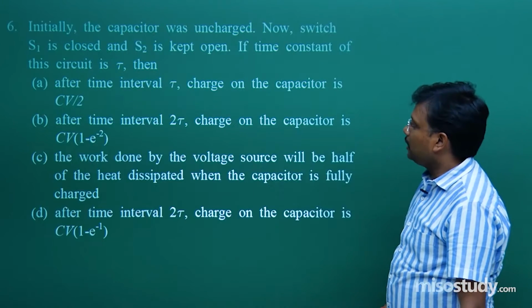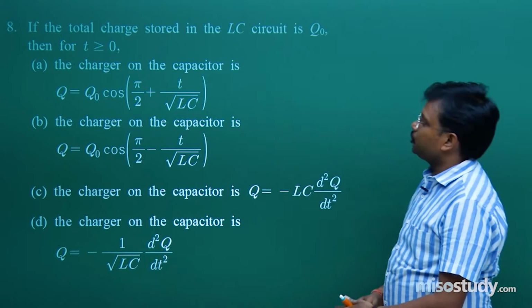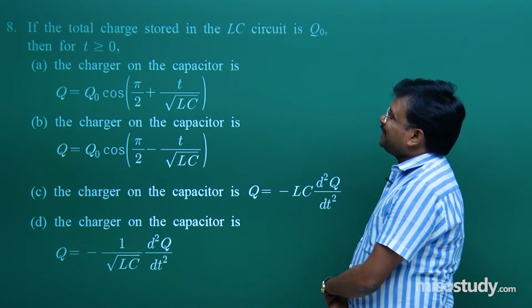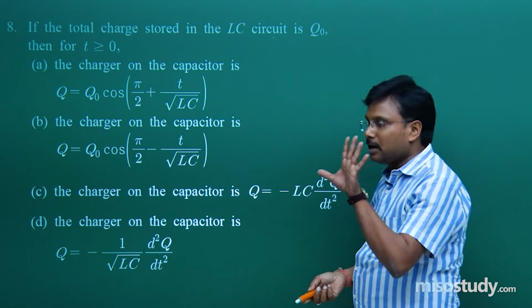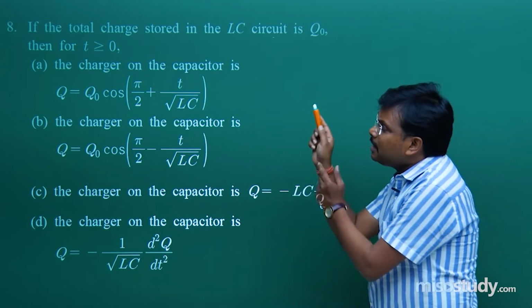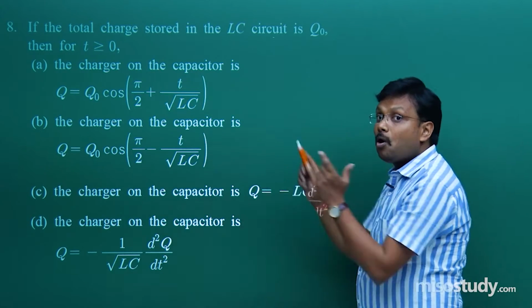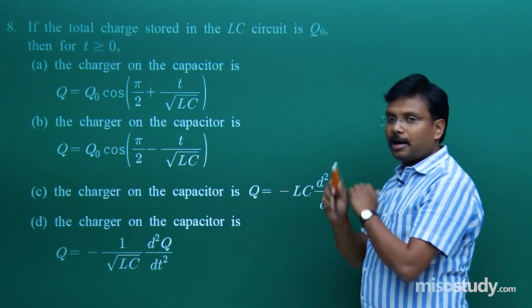Fine. And then this is your question. If the total charge stored in LC circuit, don't worry, I'll again show you, is Q naught, then for t is equal to 0 or greater than 0, which option is correct?